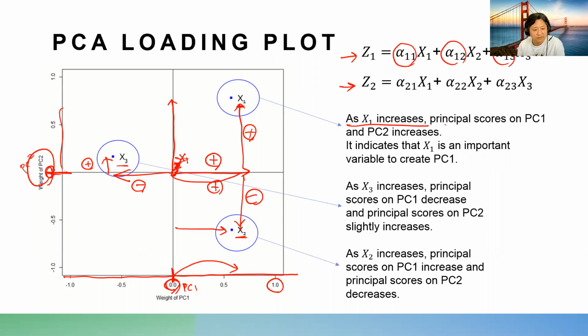In this example, we have only 3 variables, but if you have 20, 30, 40 variables, and you see a lot of variables plotting here, for example here, that means these variables don't contribute to your principal component development. So I would remove these variables to develop the new principal component. So this is the evaluation plot.